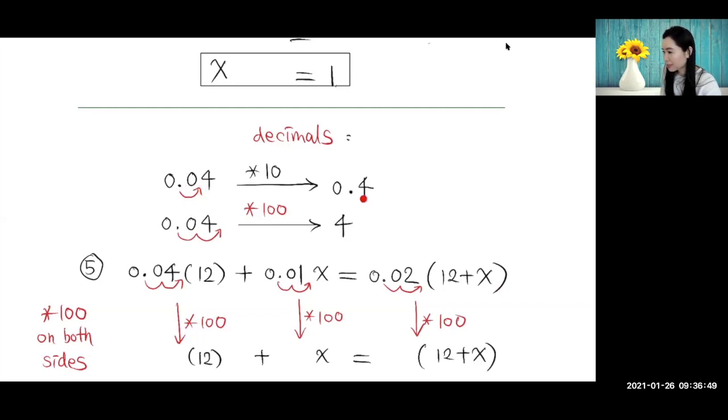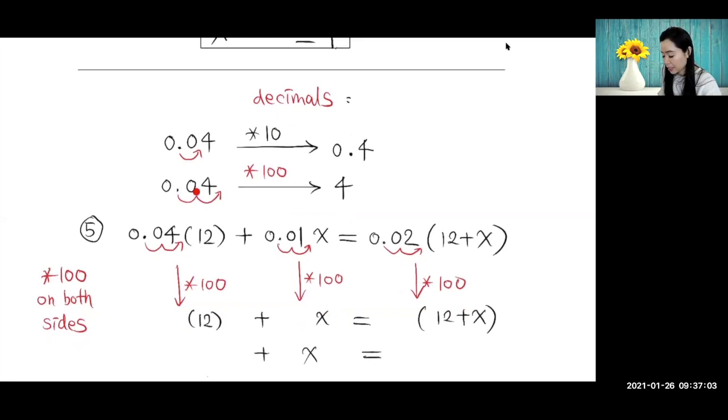You still get 1 digit after the decimal point. However, if you times 100, you move the decimal point 2 places to the right. Now you get an integer. So depends on how many digits after the decimal point, you multiply by some power of 10 over here.